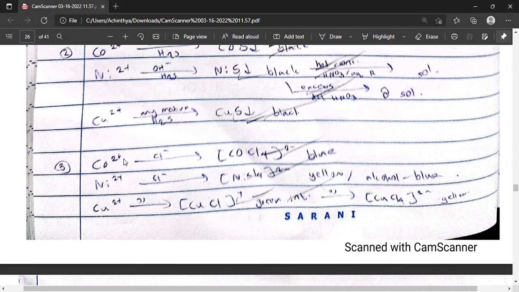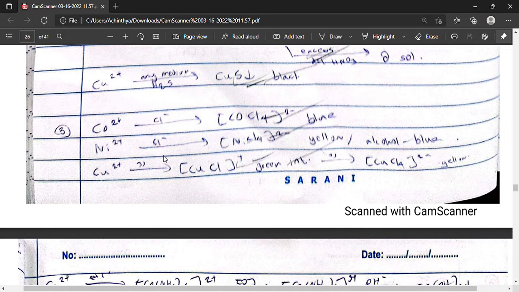Now let's talk about the reactions with excess chloride ion or conc. hydrochloric acid as well. If we add excess chloride ion solution into the cobalt ion solution, we get a blue tetrachloridocobaltate 2 ion, CoCl4 2-.